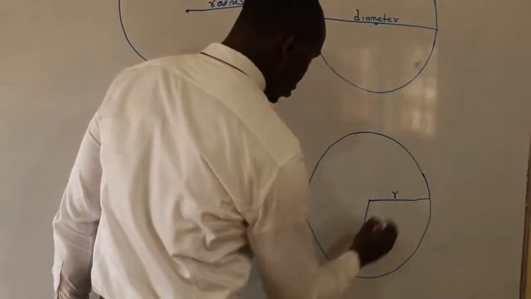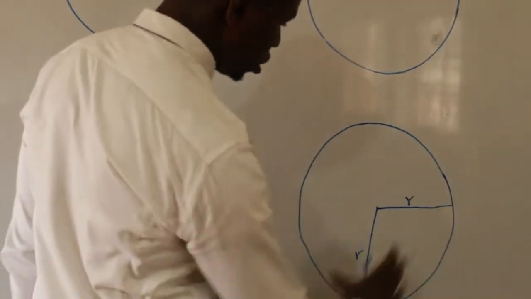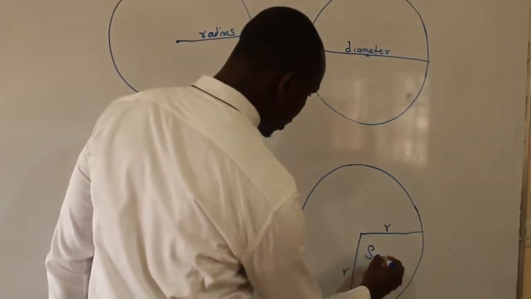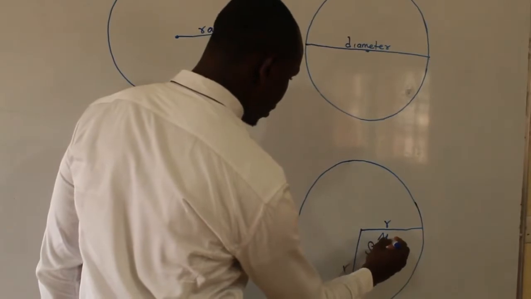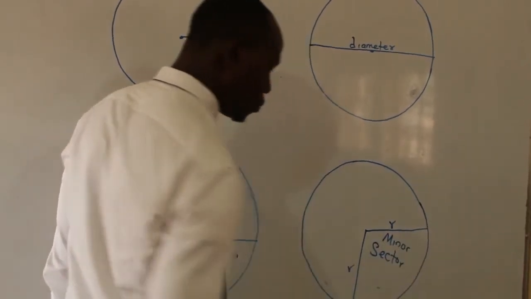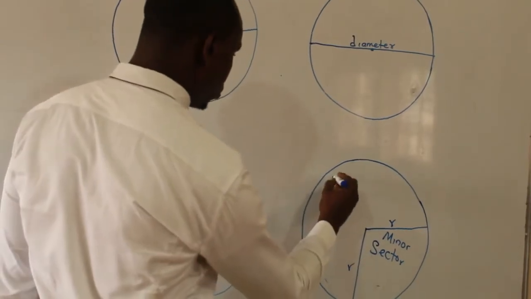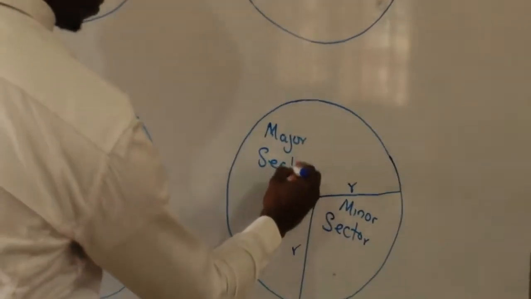This is the radius, and this is another radius. The area which these radii cover is known as a sector. Of course, we know this sector as the minor sector, while this section of the circle is known as the major sector.